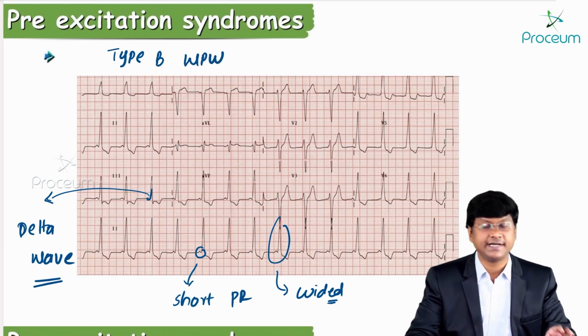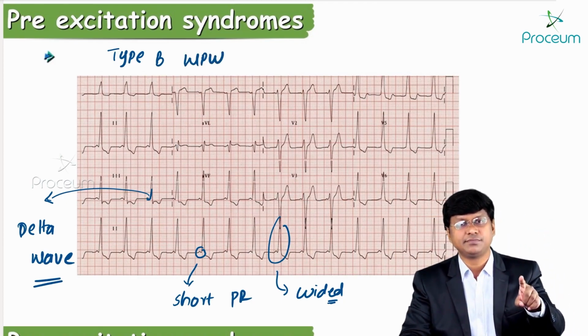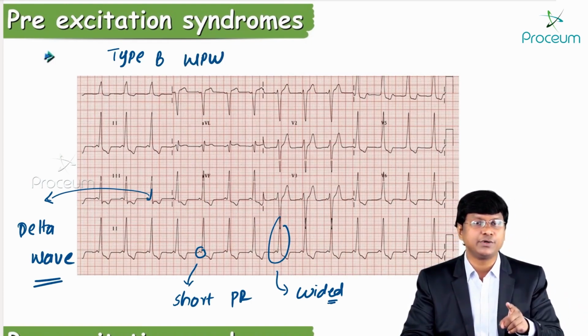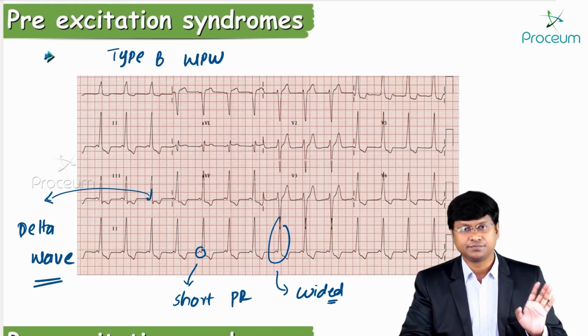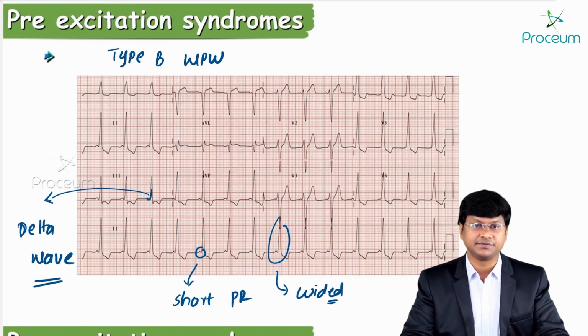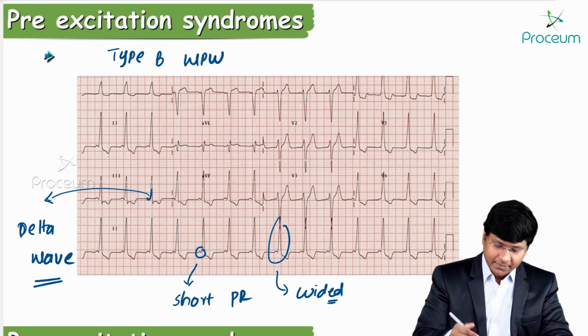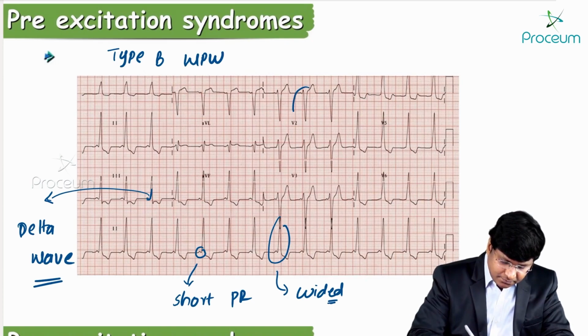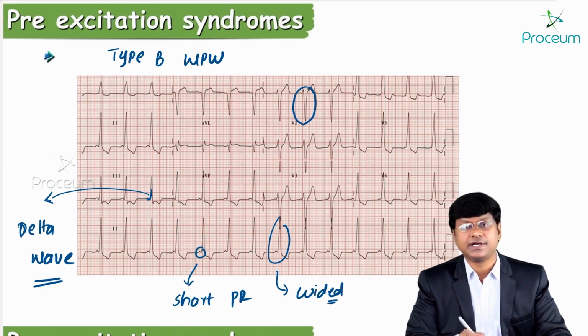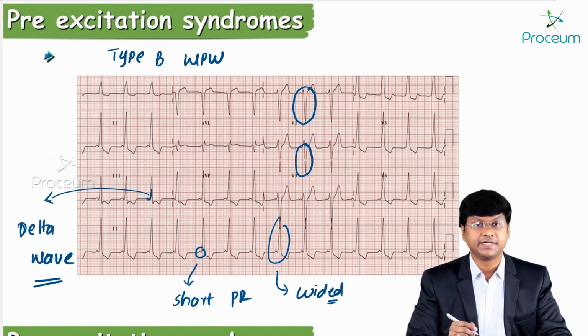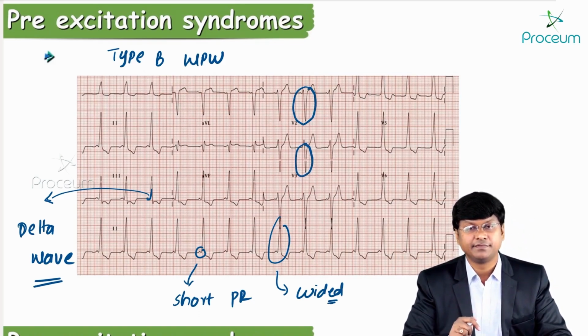So what you should understand is that type A WPW syndrome is your left-sided pathways. And in left-sided pathways, how will you identify? You will have a dominant R wave in V1, V2 and with T wave inversion. Whereas in right-sided pathways, you will have a negative QRS complex in V1 as well as V2, so you will not have a dominant R wave in V1 and V2.